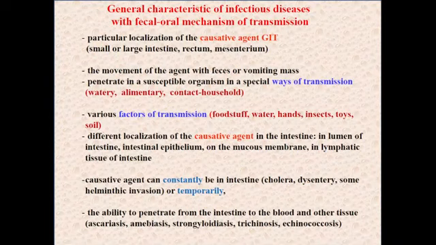So to begin with, we'll start with general characteristics of infectious diseases with fecal-oral mechanism of transmission. They have a lot in common, like particular localization of the causative agent in the gastrointestinal tract, like small or large intestine, rectum, or mesentery, depending on what the causative agent is and its tropism.